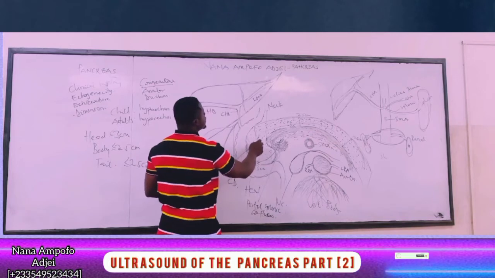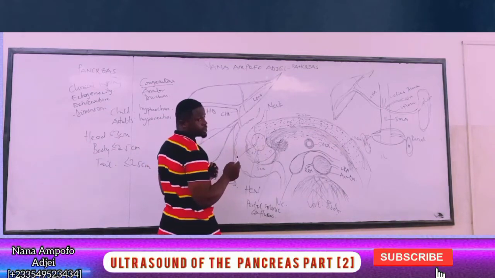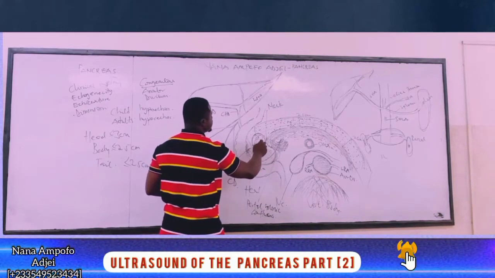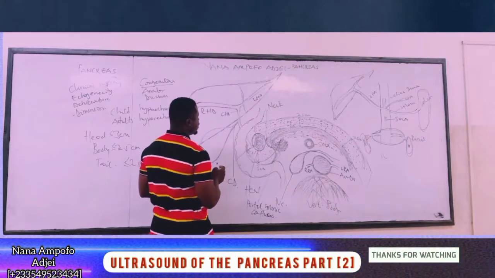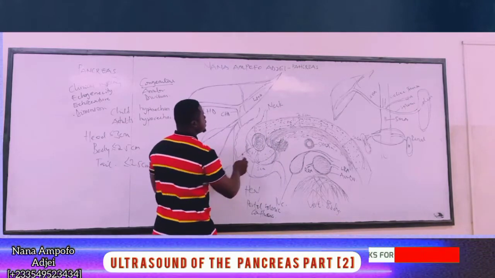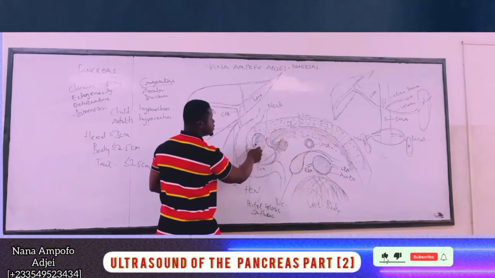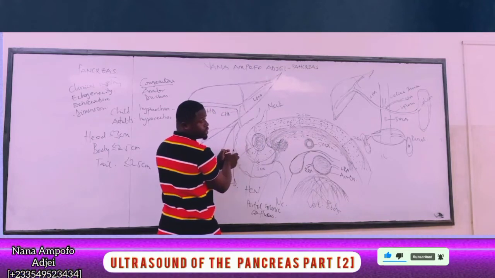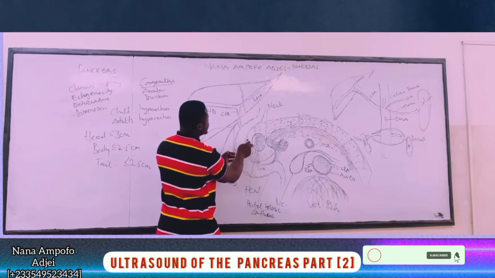And then mostly, the main or major cause is if there is a mass on the head of the pancreas like this. What happens is that all the juice that is being produced coming from this side to this side, because we know that it empties into the duodenum. Okay, so this part and then the common bile duct, and they meet at the what?